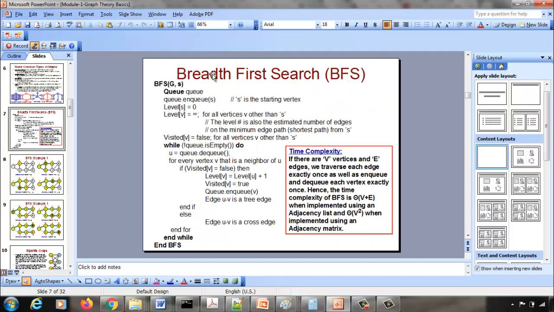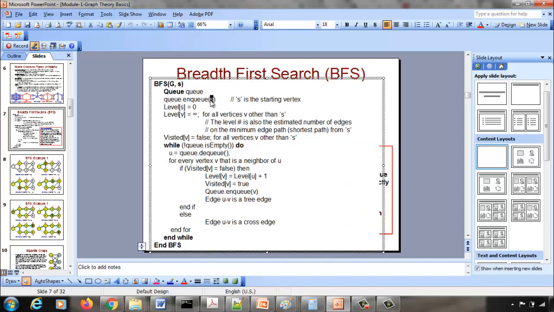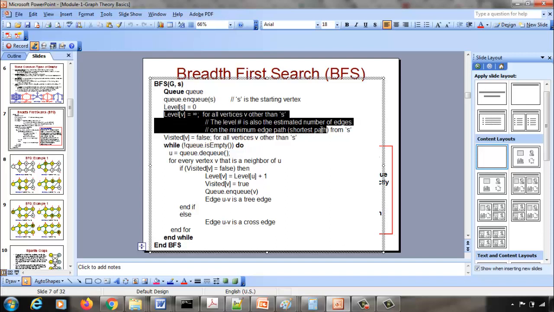These are the things that we do as part of the initialization step. If you go back to the pseudocode, you have a queue declared here, and you enqueue the starting vertex s to the queue. We set the level number of s to 0 and the level numbers of the other vertices to infinity, which means we don't know. We also have a boolean flag for each vertex to indicate whether the vertex has been visited as part of the breadth first search or not.